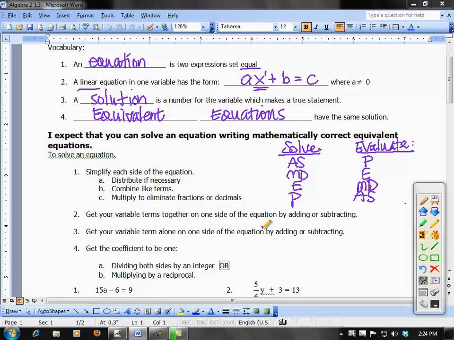Now the only change in that is before you do addition and subtraction, you may have to do some simplification. So we might first have to get rid of some parentheses or something just in case, but once it's simplified as far as it can be, then we start doing the things.